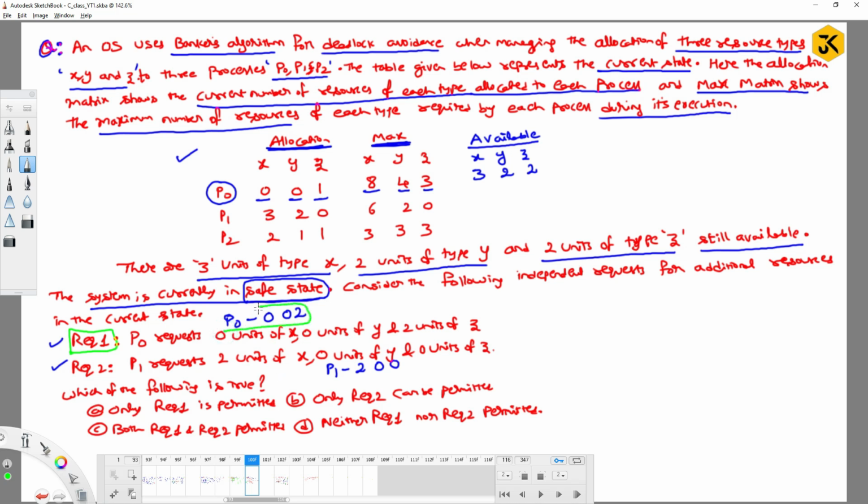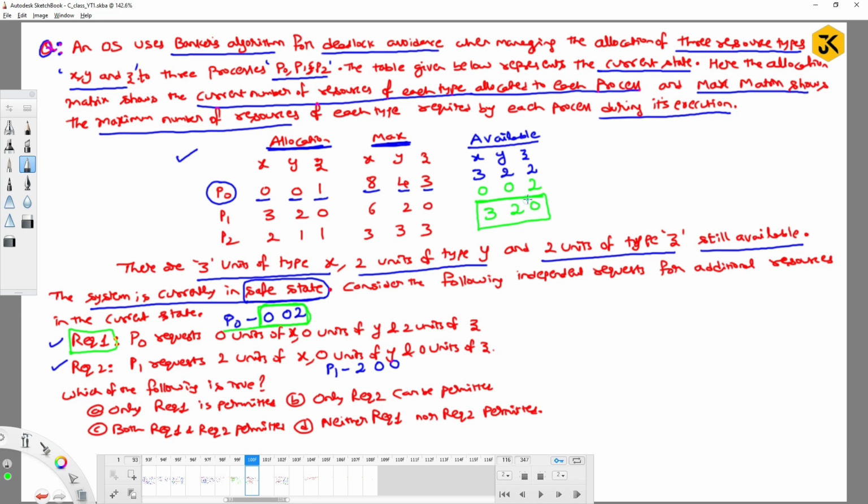P0 process is requesting allocation of 0, 0, 2 units of resources. When it requests 0, 0, 2 units, we subtract it from the availability, because this satisfies the availability condition. So I can say that 3, 2, 0 is the availability now.